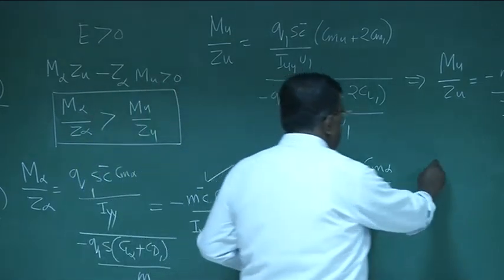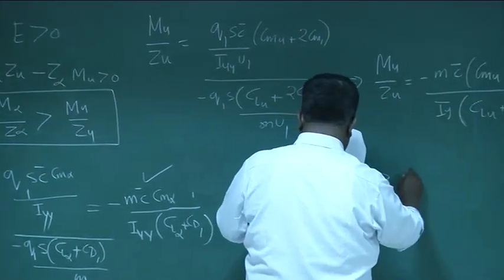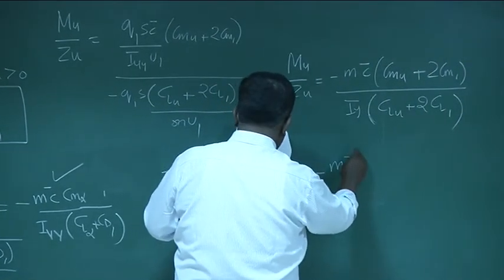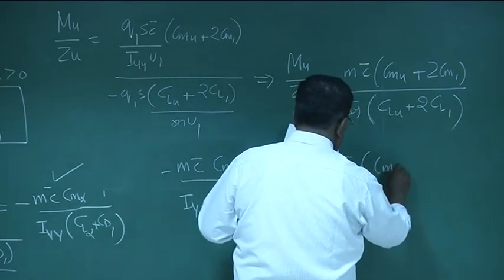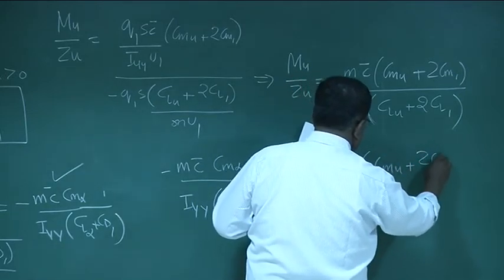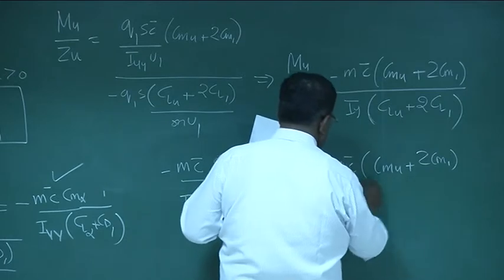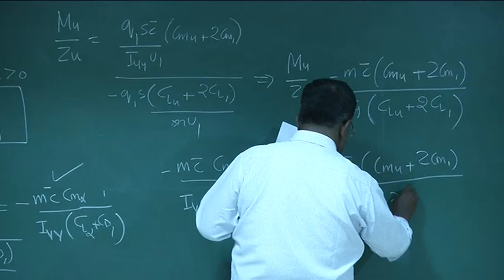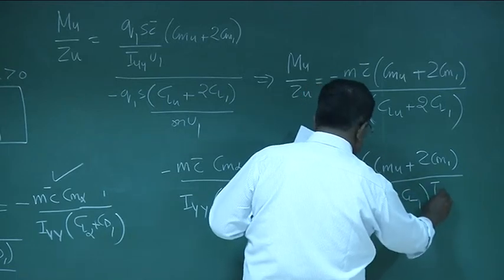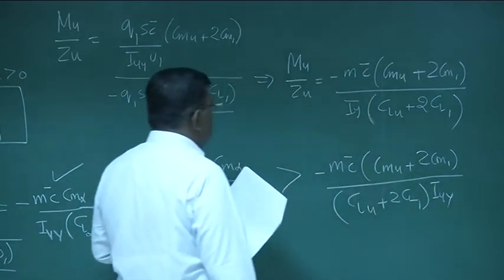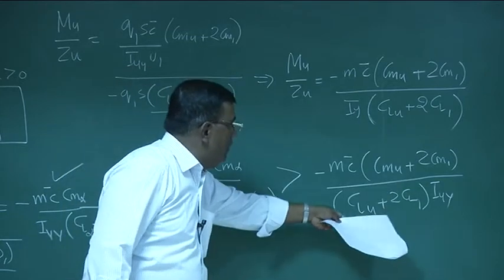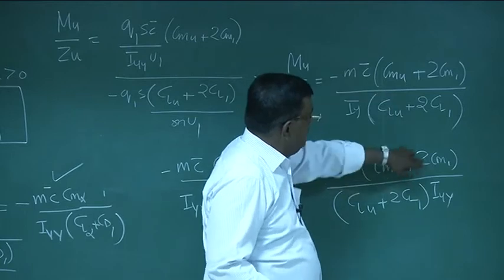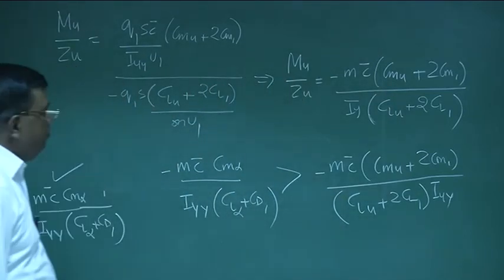This should be greater than Mu by Zu, which is this expression: minus M C bar CMU plus 2 CM1 divided by CLU plus 2 CL1 Iyy. Now how to simplify this?